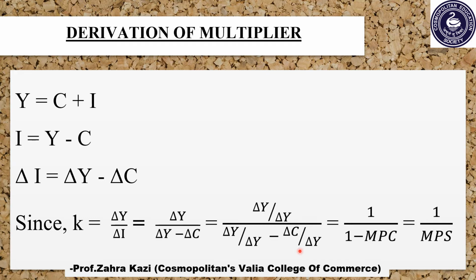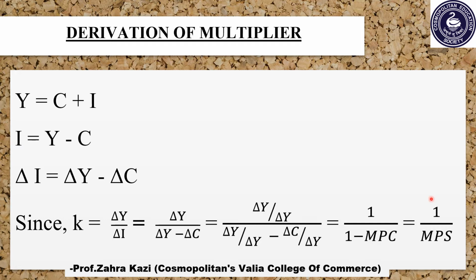There were two properties, APC and MPC. The formula of MPC was delta C upon delta Y. So that equation we are applying here. Delta C divided by delta Y is nothing but MPC. Therefore we get this step, 1 upon 1 minus MPC.